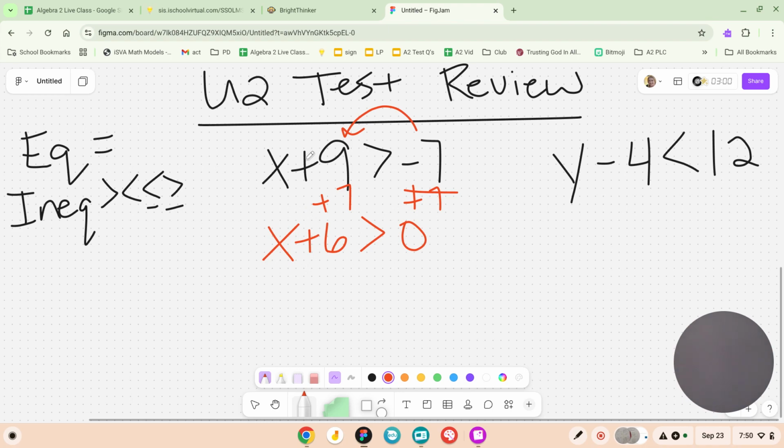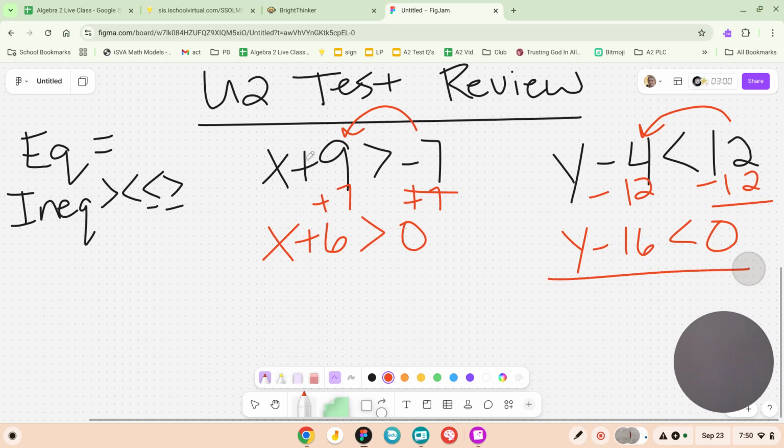And I need to do the same thing with this side. I need to get this side ready to set equal to 0, so I need to have a 0 on this side. I do it to one side, I do it to the other. Y minus 16 is less than 0. This setup is so that I could set them greater than or less than each other.